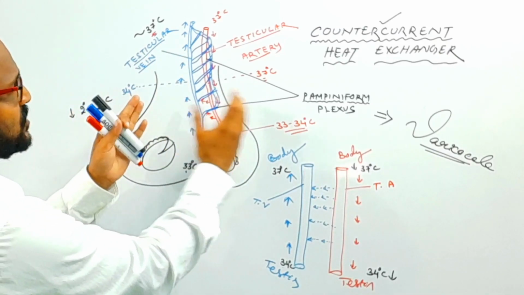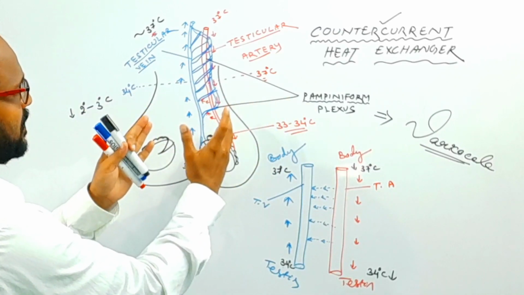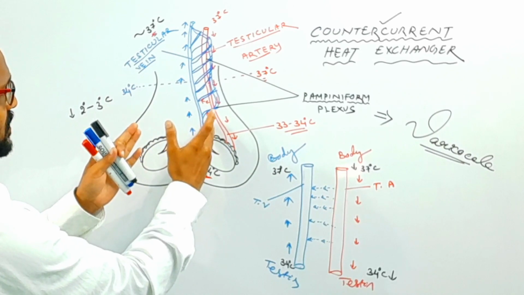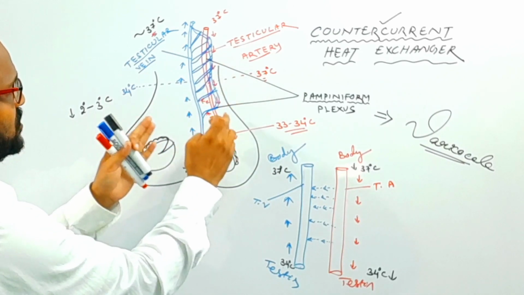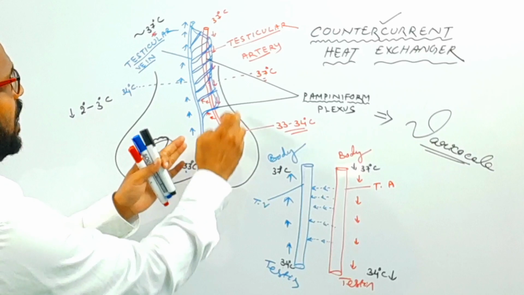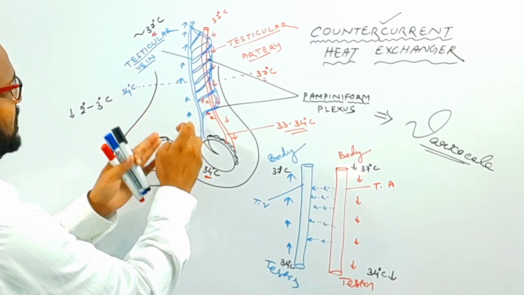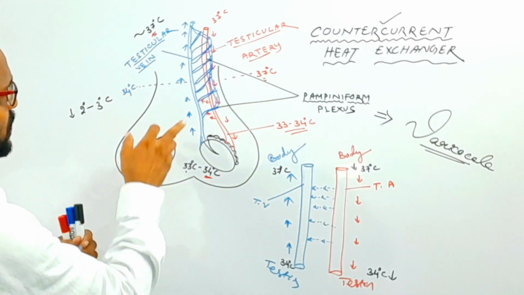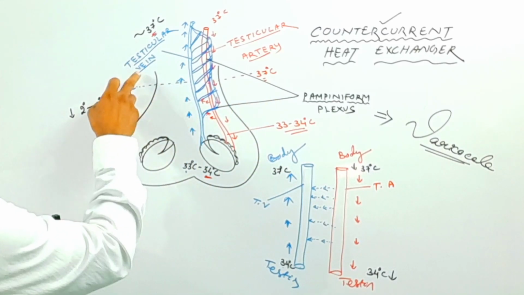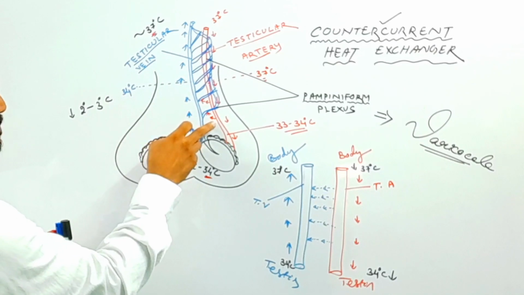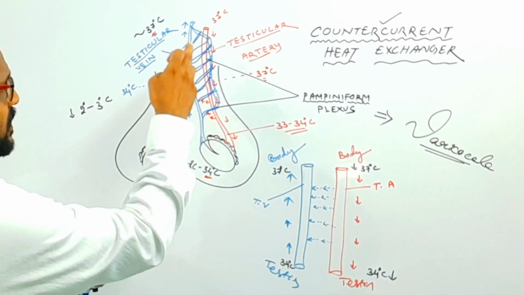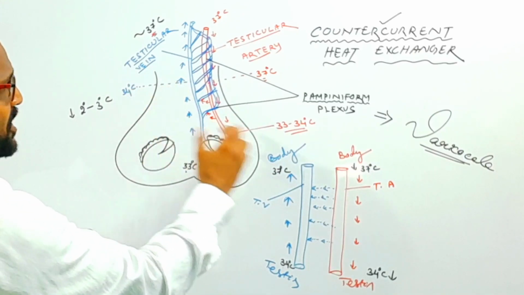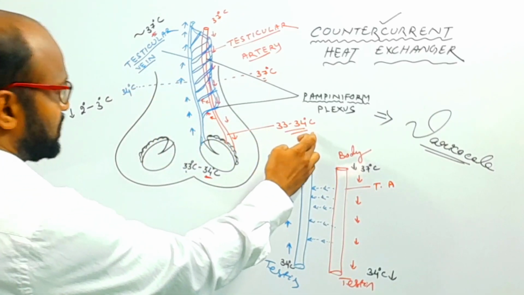Because of the presence of the pampiniform plexus, by this cooling system, the arterial blood becomes cool and the blood of the veins becomes hot. The blood of the veins absorbs heat from the artery, and the blood of the artery loses heat, so it is reduced to 34 degrees centigrade.